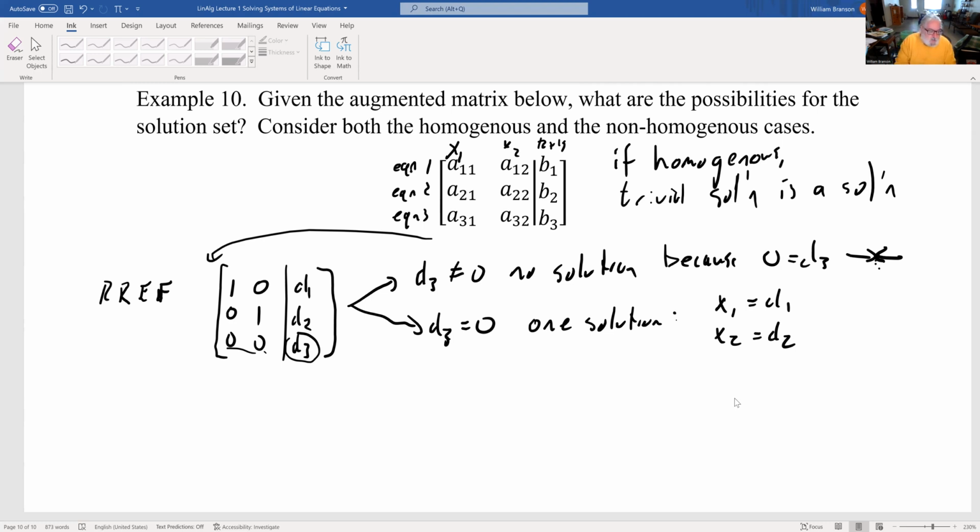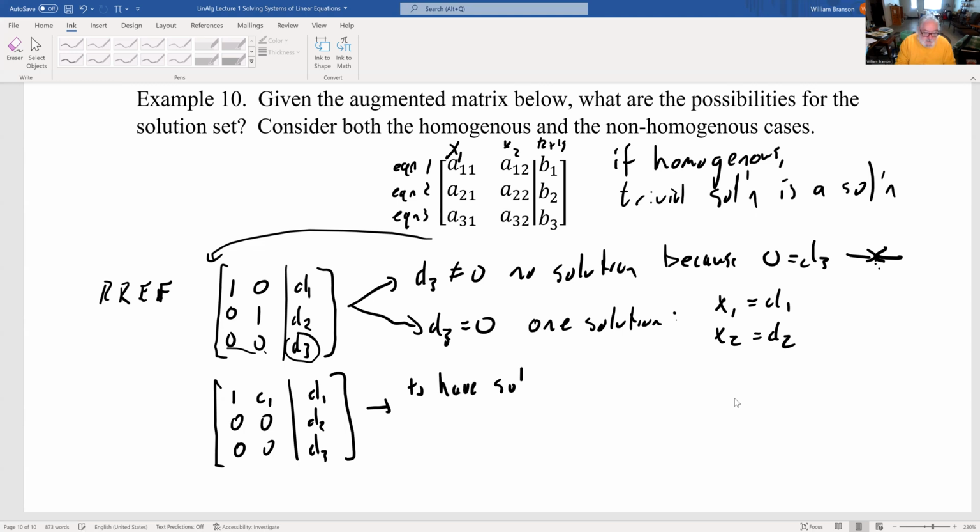But you could also have just one leading one. And here you would need D2 and D3 to both be equal to 0. So you need a full row of zeros there.